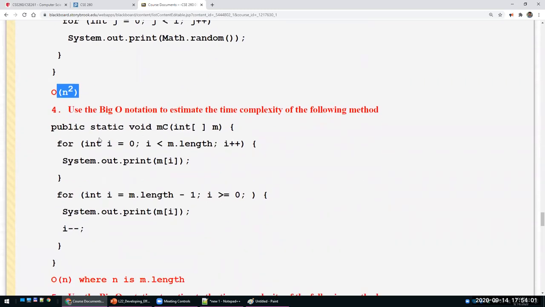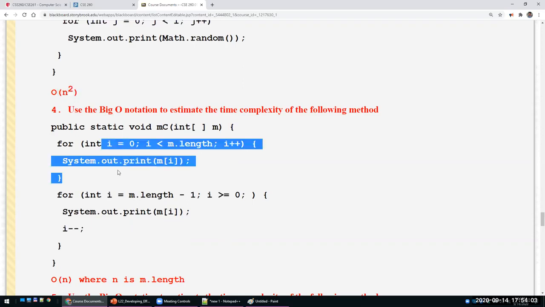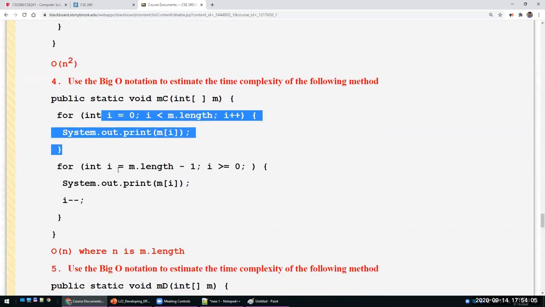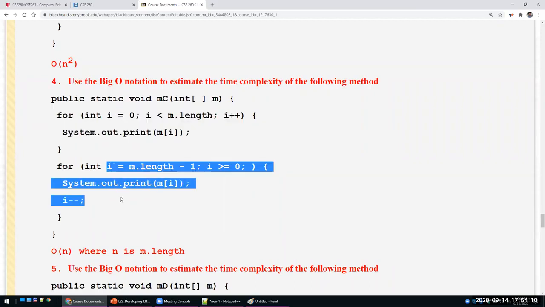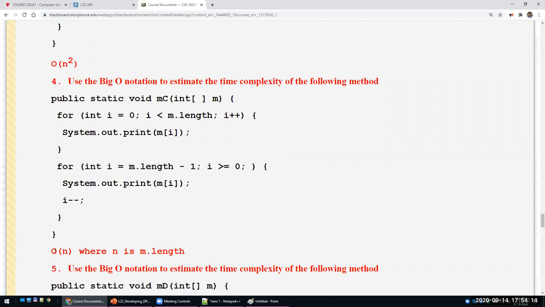Same algorithm, we have 2 for loops, one that iterates n times, where n is the size of the array, and one that iterates in reverse order n times. The sum of 2 n's is still O of n. So basically this is still a linear algorithm.